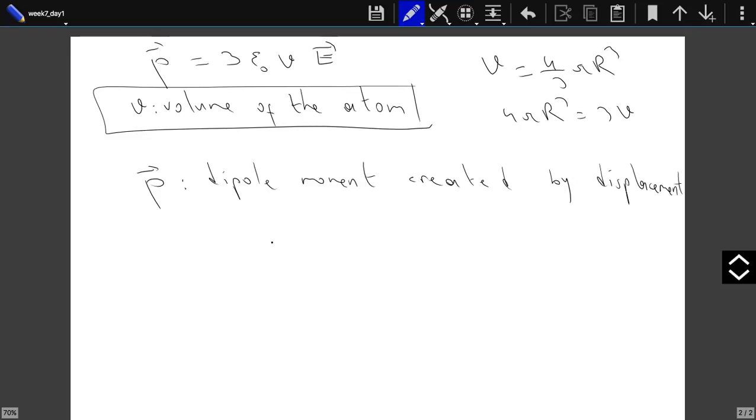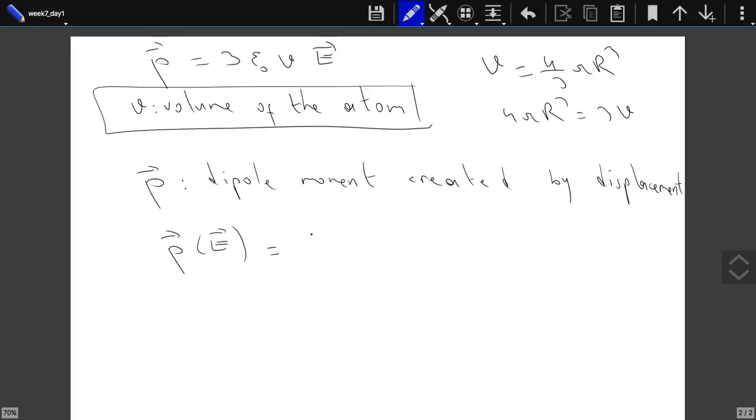And this coefficient, even if you don't have a simple model, for a simple atom, the polarization will be a function of the electric field. And any function, you can make a Taylor expansion. We have this Taylor theorem. So you can expand any function in terms of the components of the electric field.